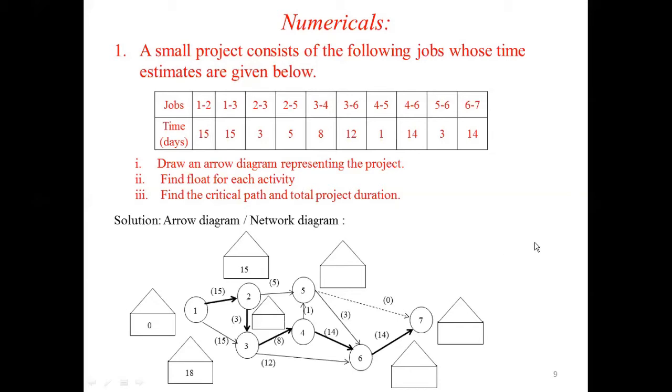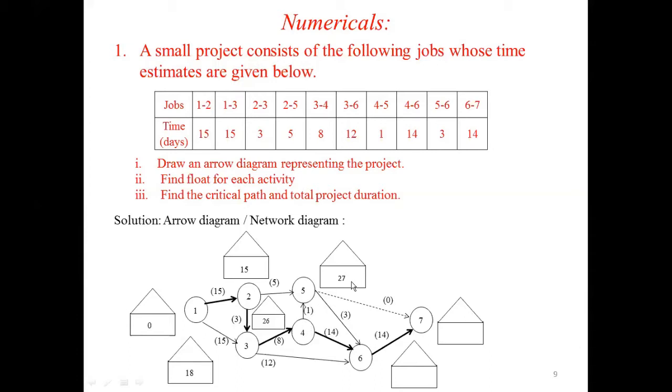Similarly, for the next node, for node 4, we have only one arrow mark. Therefore, 18 plus 8 is 26. Then next, for node 5, if you consider from 2 to 5, 15 plus 5, you will get only 20. Here you have one more activity between 4 and 5, 26 plus 1, you will get 27.